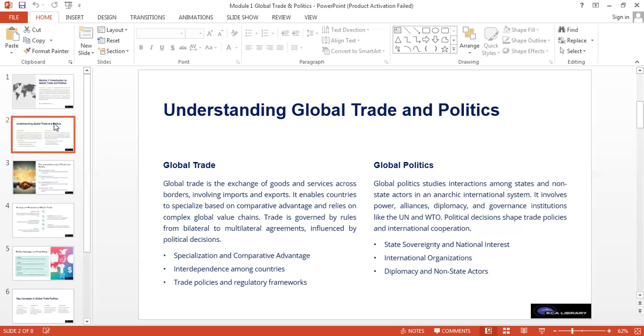The likes of these are the UN, and then we have the WTO, the World Trade Organization. We will see what they actually do. Political decisions shape trade policies and international cooperation.